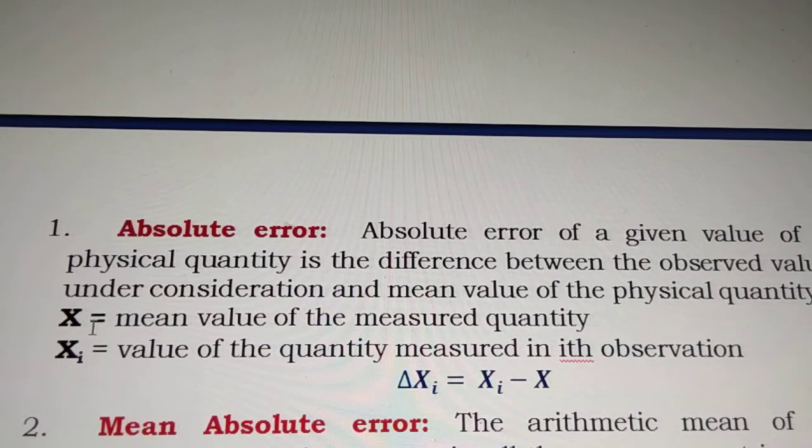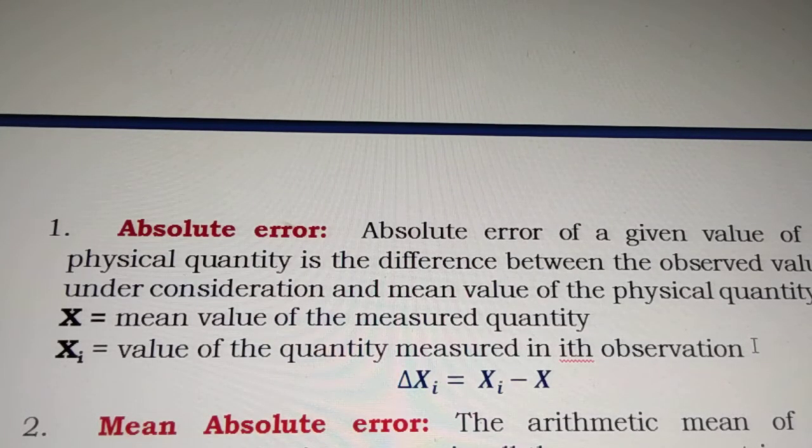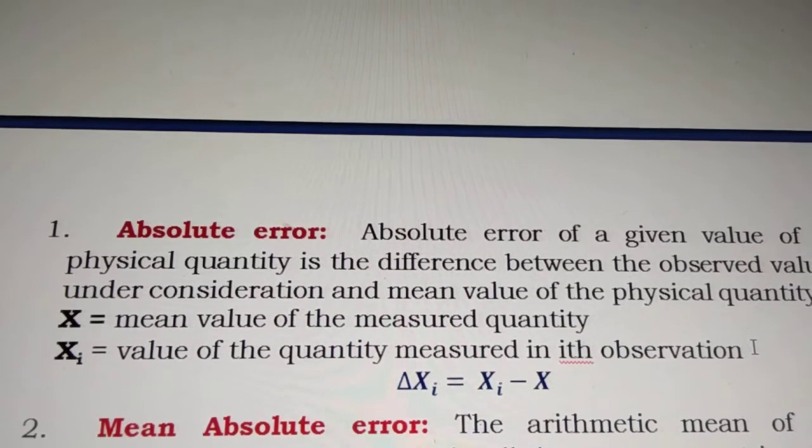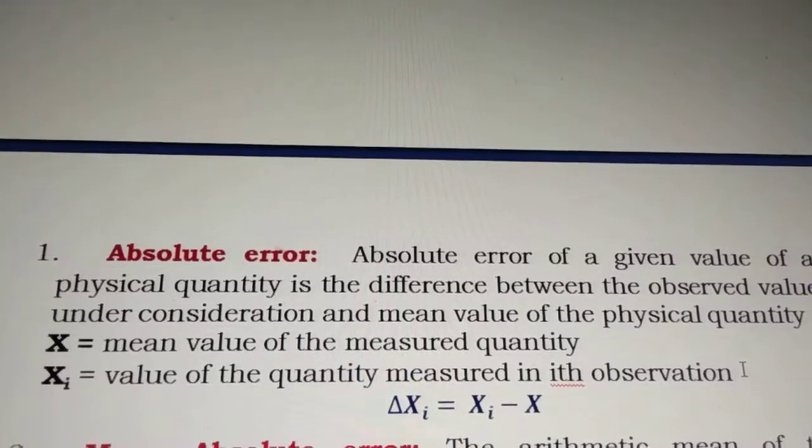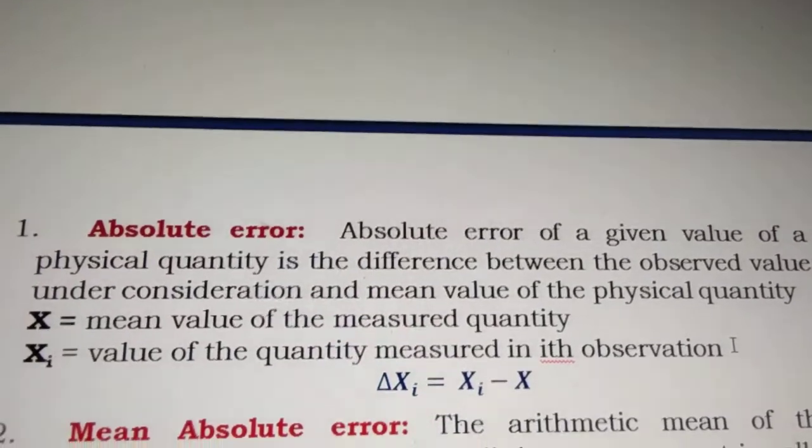So let us consider x is nothing but the mean value of a measured quantity, and xi the value of the quantity measured in the ith observation. There are a number of observations. If you use the vernier caliper or a screw gauge, there are a number of observations present.